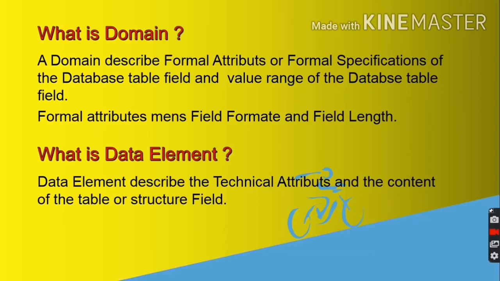Field length means, suppose a name field, the length will be 100 characters or 50 characters. So field length indicates this. Field format means whether it is a char type or a numeric type; this information is provided by the field format.